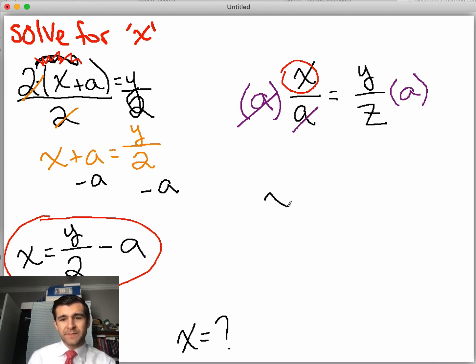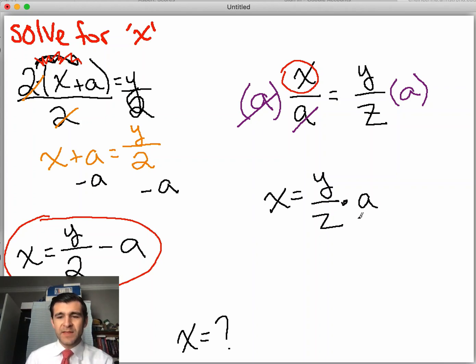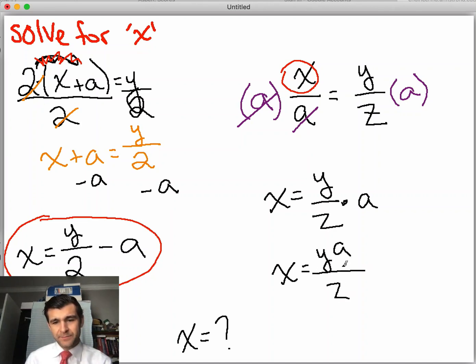And I can rewrite this with x equals y minus z times a. This is a good solution, but if you want to be really correct about this, you can say y a over z. Because when we multiply y times a, we'll multiply those on top in our numerator.